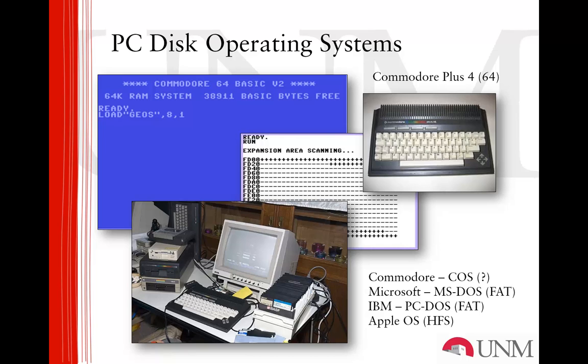Commodore had its own variant of an operating system. Apple had its own variant, which is originally termed HFS. It's a term that's still used in information technology, but hierarchical file system is what that HFS stands for.